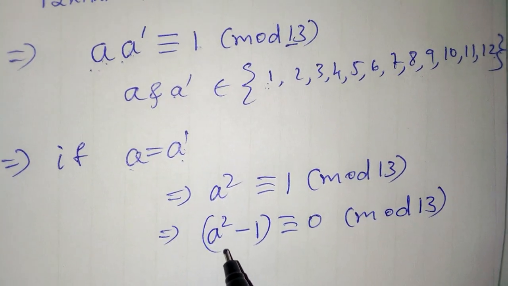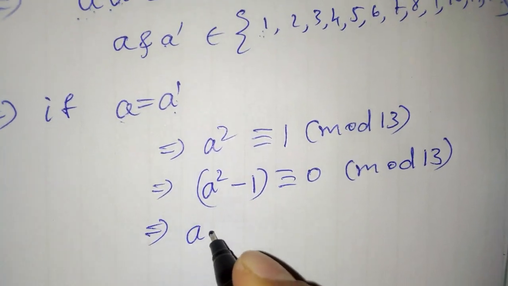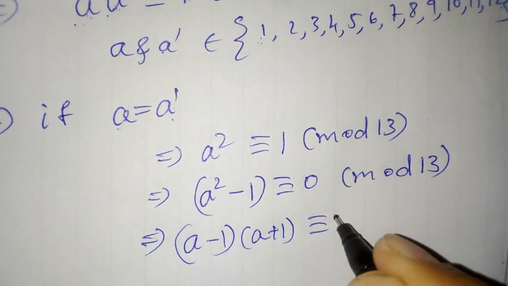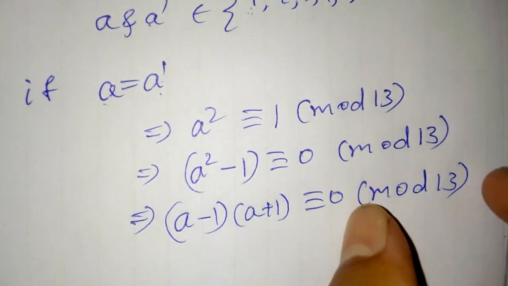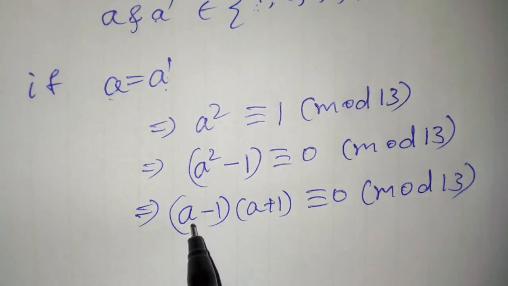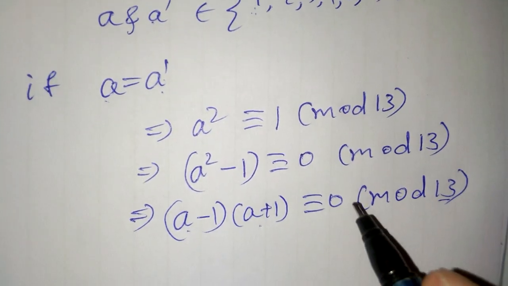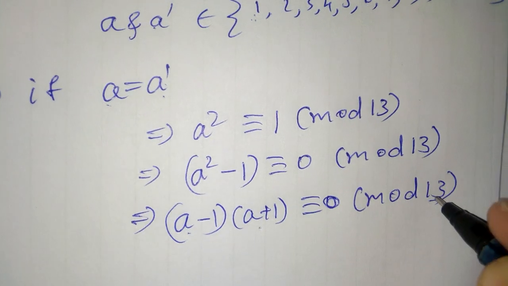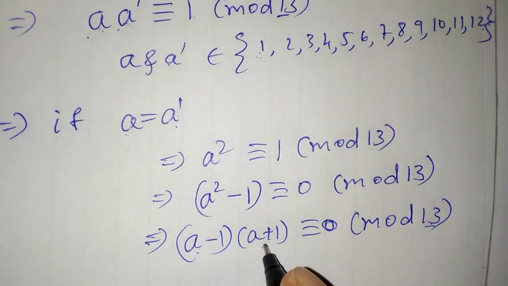If we split it, a minus 1 into a plus 1 and 0 mod 13. This means that if we divide a minus 1 into a plus 1 by 13, we get remainder 0. That means 13 completely divides a minus 1 into a plus 1.